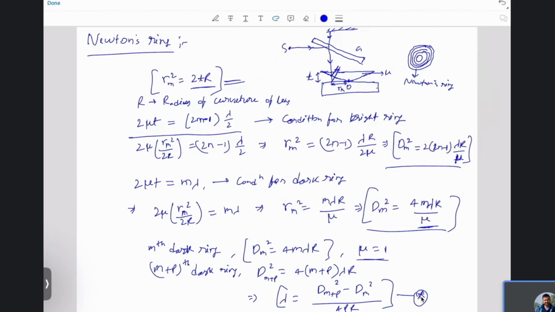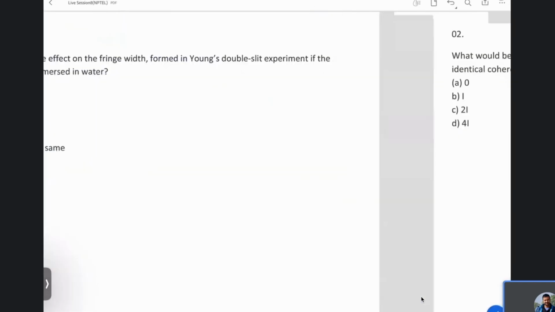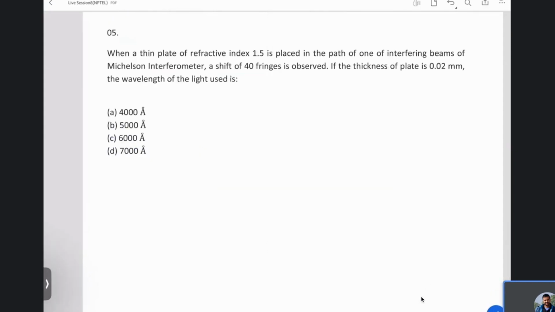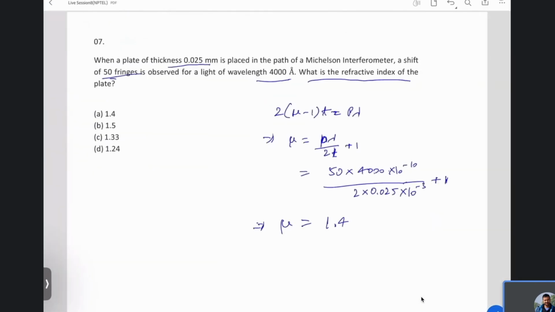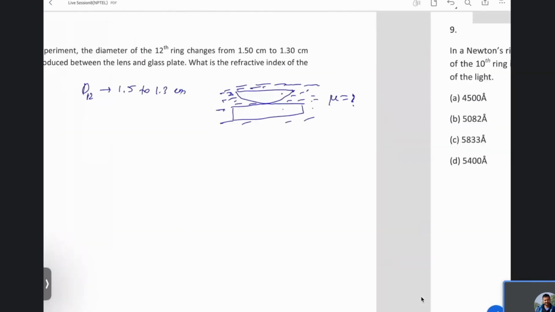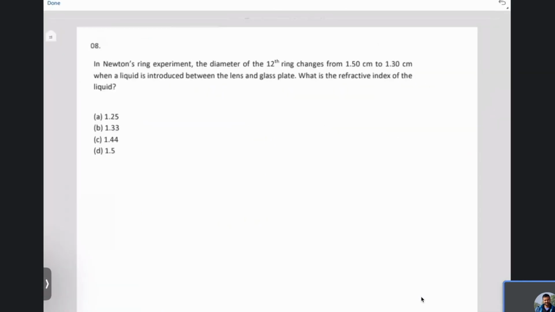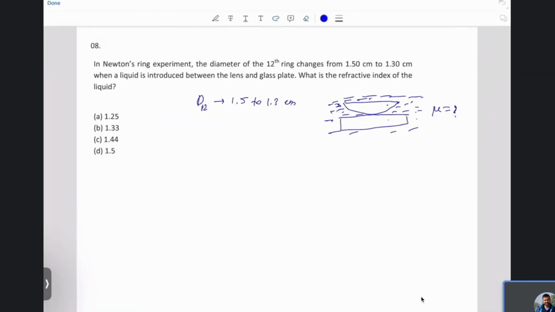Now we can use this formula. So let me write it. Dm square is equal to 4m lambda R by mu.